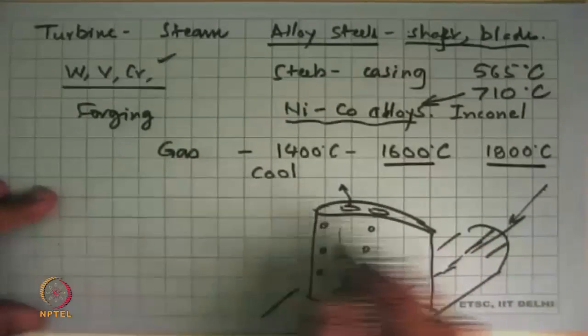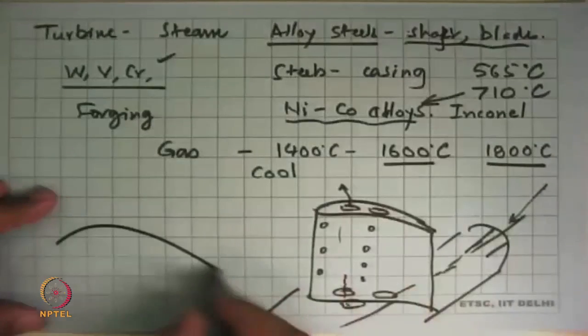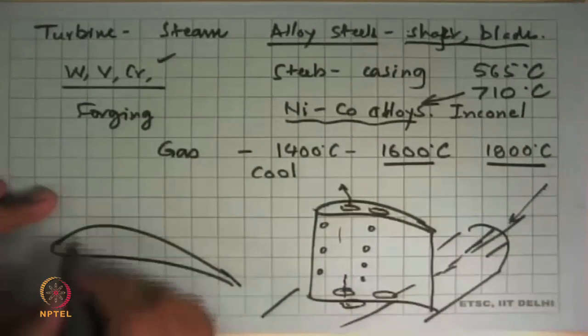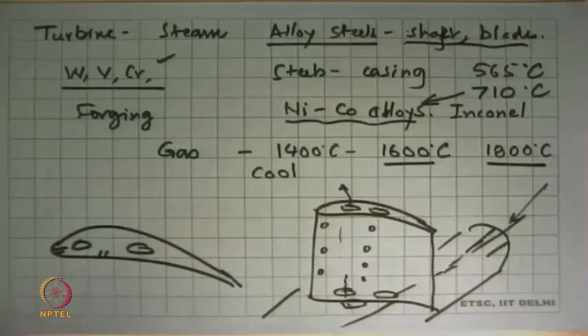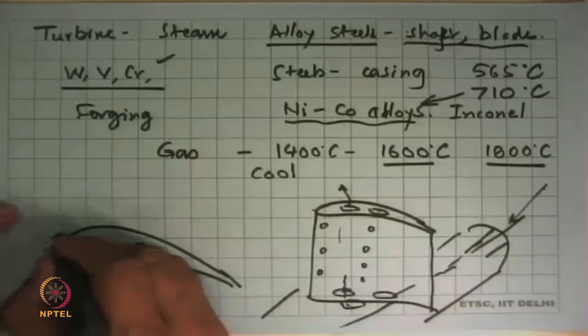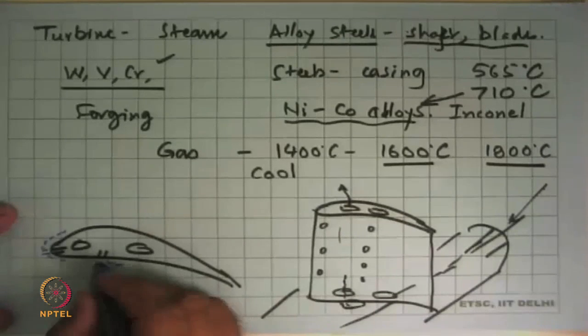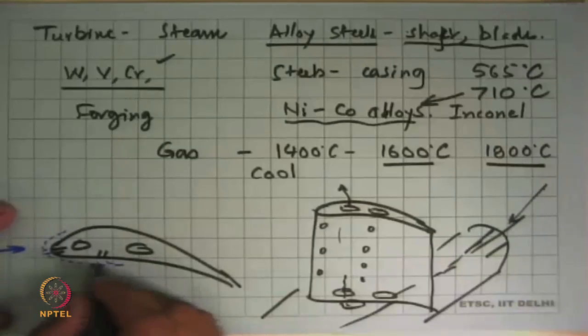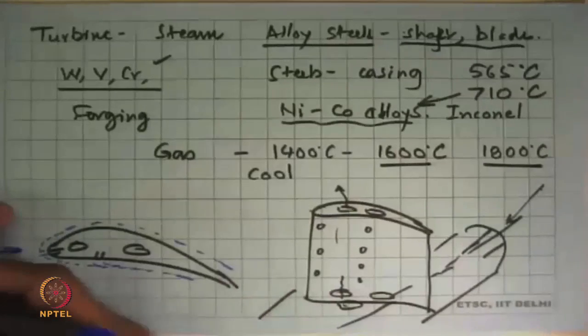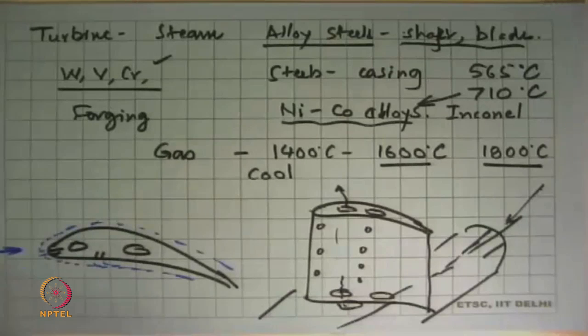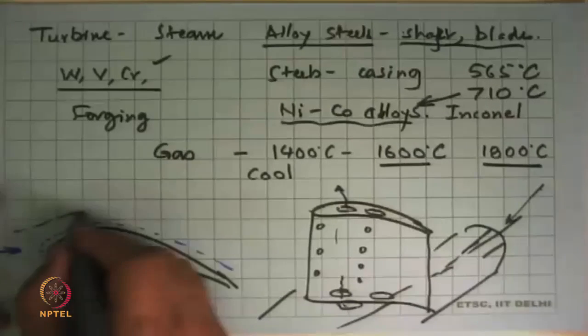So if you take a top view of this, one can say that this is the blade, these are the passages, and say here and here we were throwing out air over this. So this air came out and it went over there, this air came out, the flow over the turbine blade is like this. So this cold air is going over there, and outside this are the hot gases flowing over here.